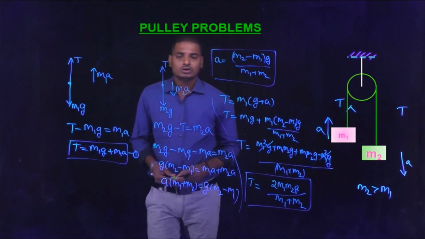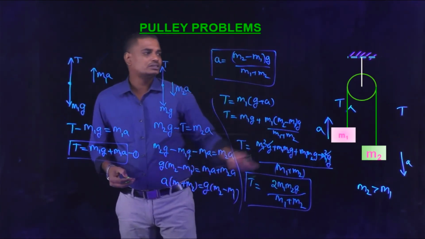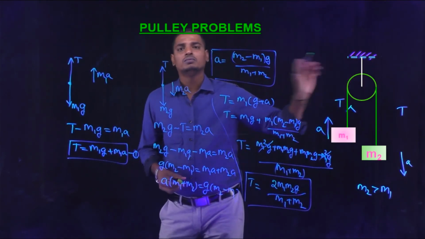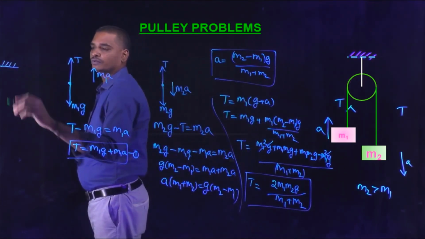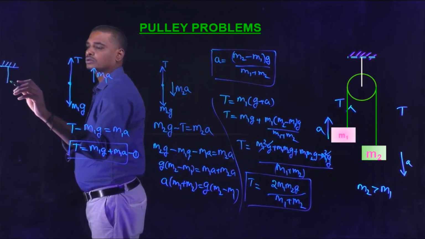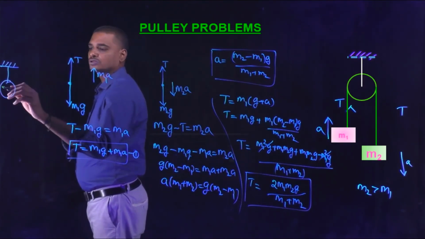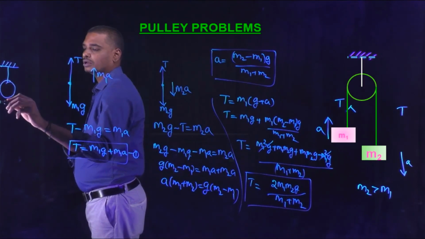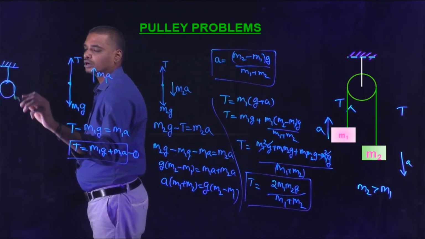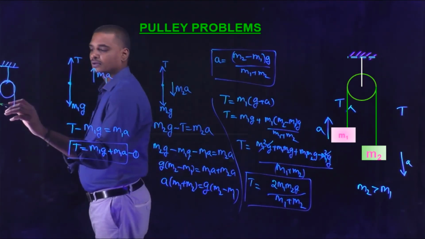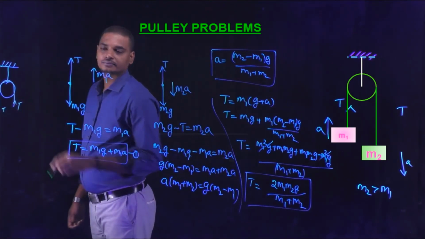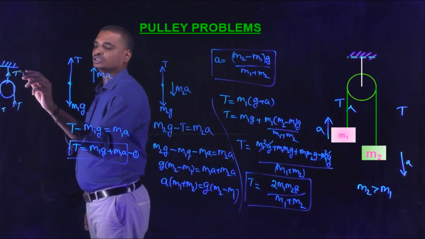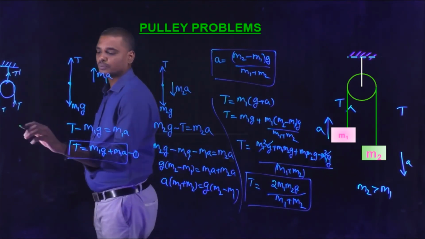Okay, so if the question is asked like this, what is the net tension on the pulley? If you observe here, the pulley is hung from a fixed rigid support, and a string is connected over the pulley. So here the tension is T, and here also the tension is T. Let the net force acting on the pulley be T dash.